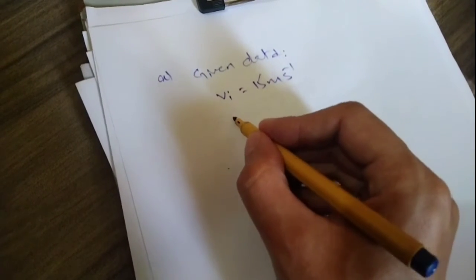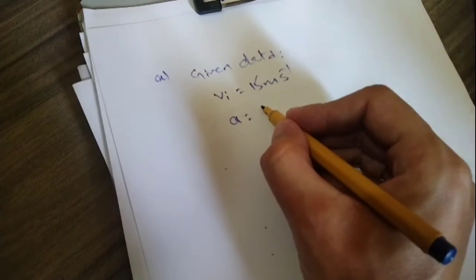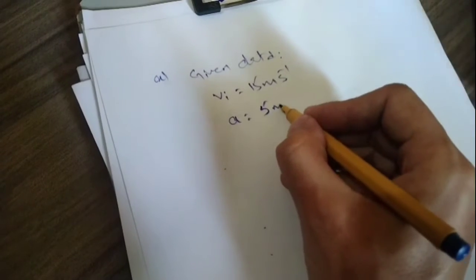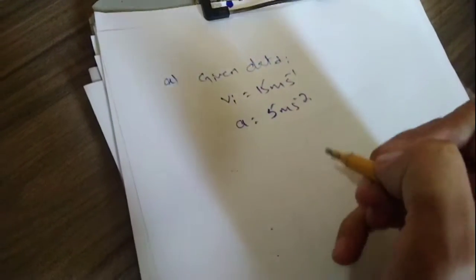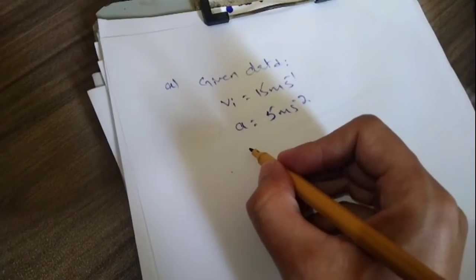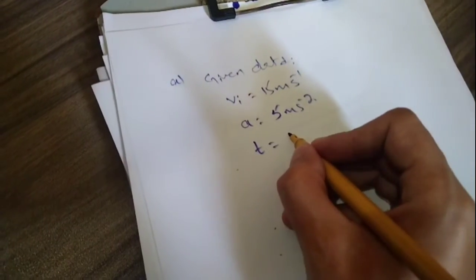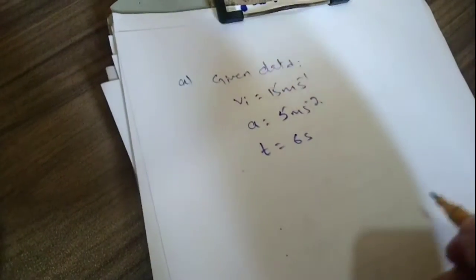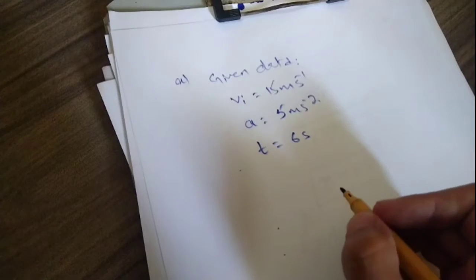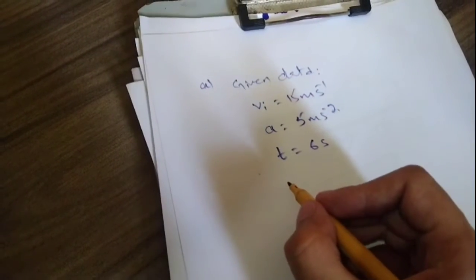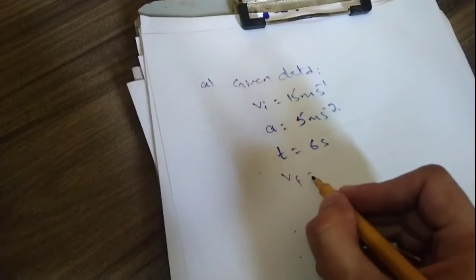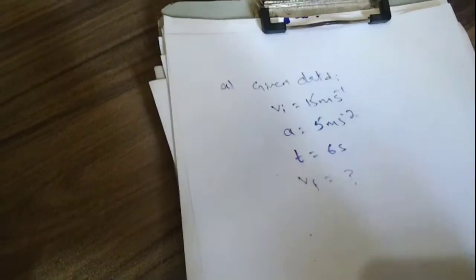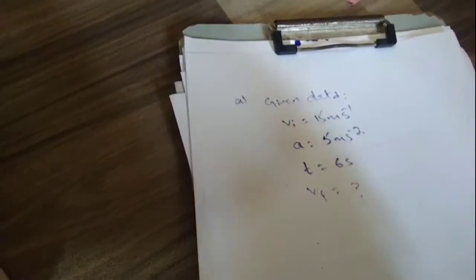Secondly, we are given acceleration that is 5 meters per second square. Third thing is time that is also given, it's 6 seconds. And the unknown quantity here, that is the final velocity of the bus, which we have to find.